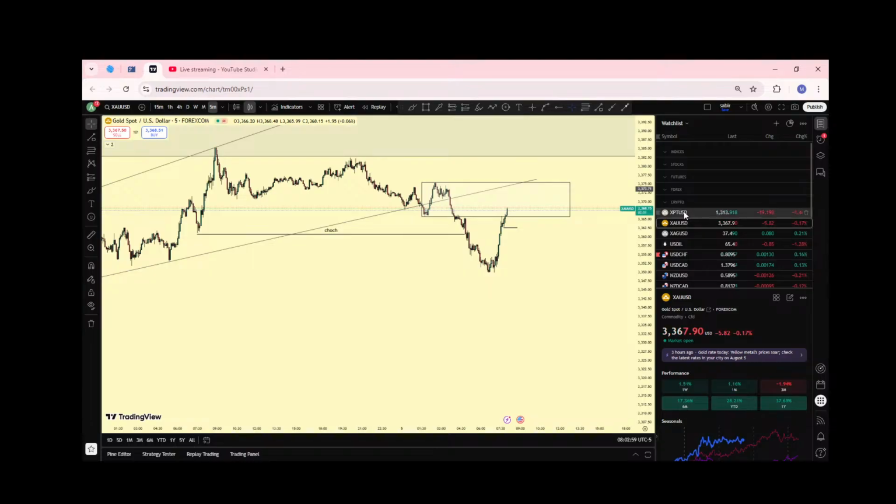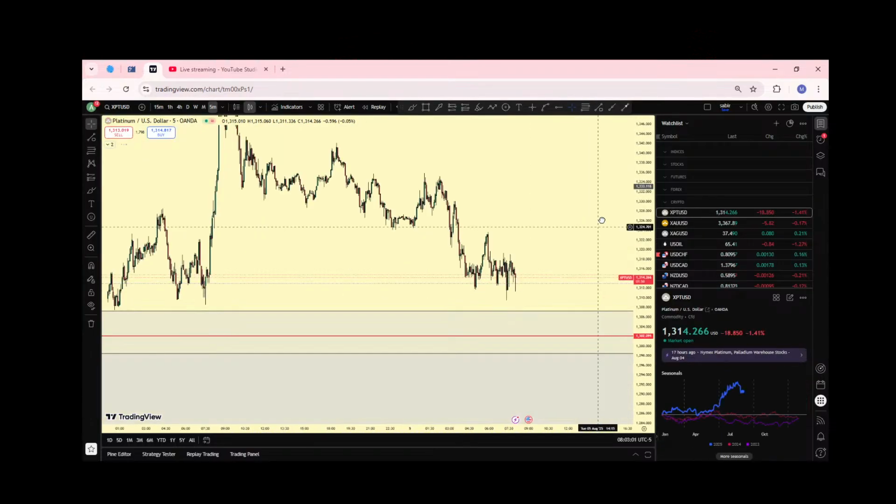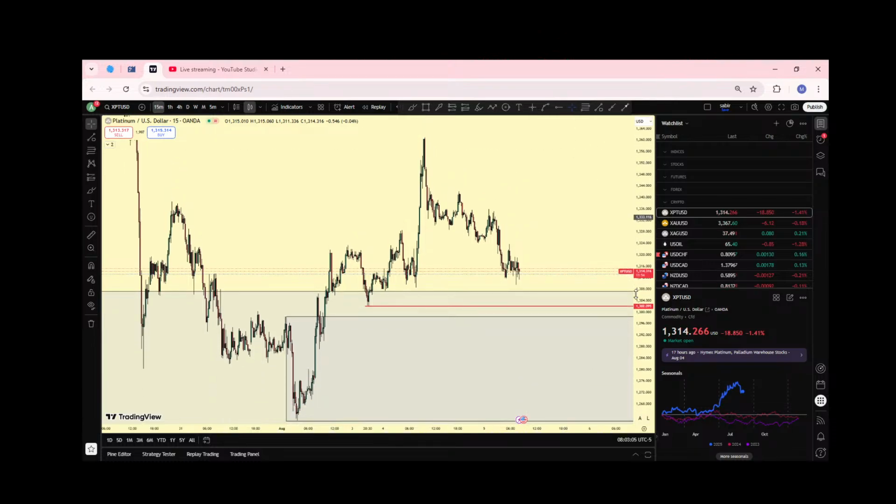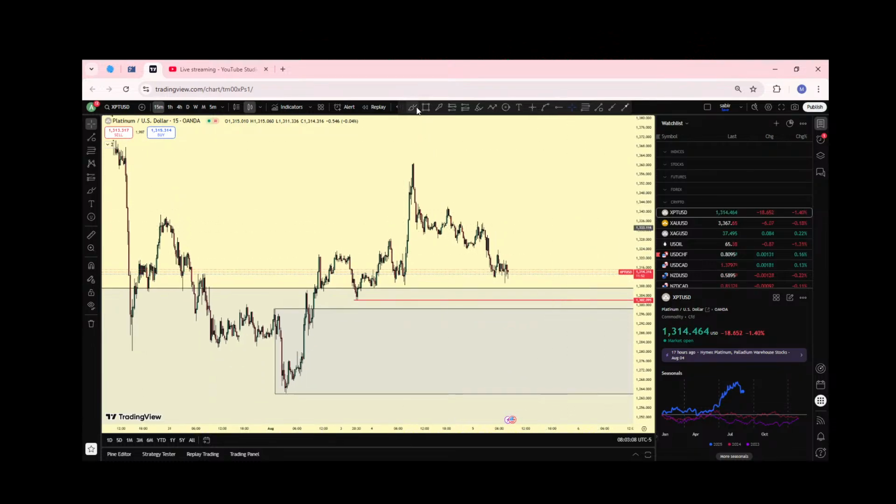Then going into platinum, XPT USD, it looks similar here on the 15-minute time frame. We remain bearish. This is our fractal high, this was our fractal low. We break this, this becomes our fractal high, this is our fractal low. Let's see if we break this.